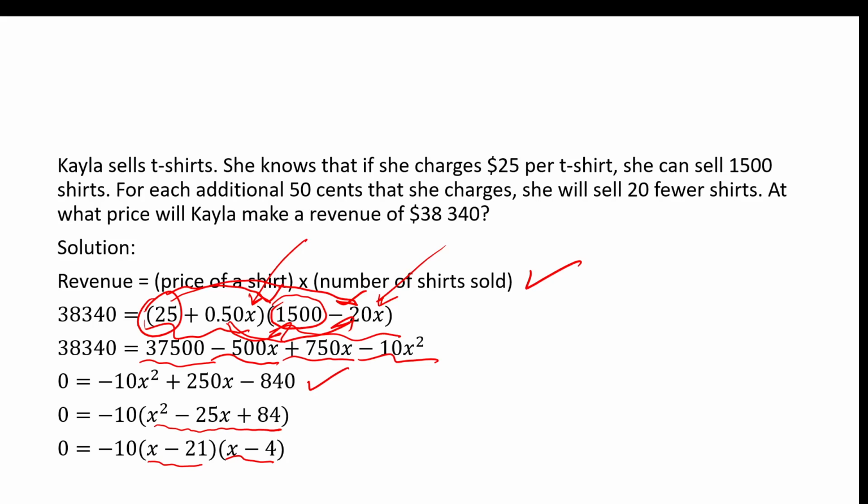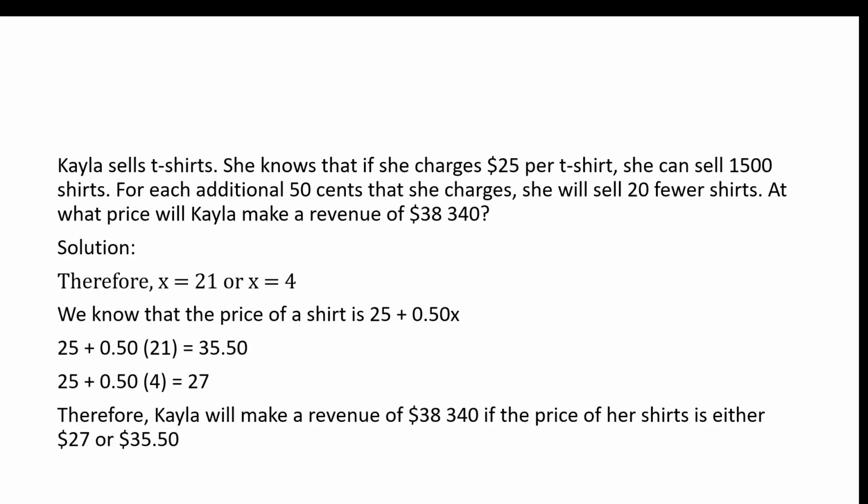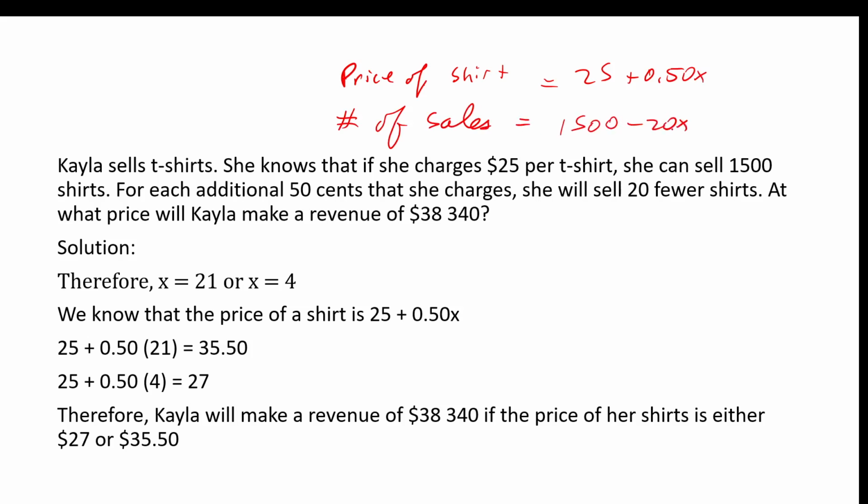Now, neither of those is an extraneous answer. Recall that the price of a shirt in our example was equal to 25 plus 0.50x, and recall that the number of shirts sold in our example was 1,500 minus 20x. Well, what we're saying here is it's possible for x to be 21.